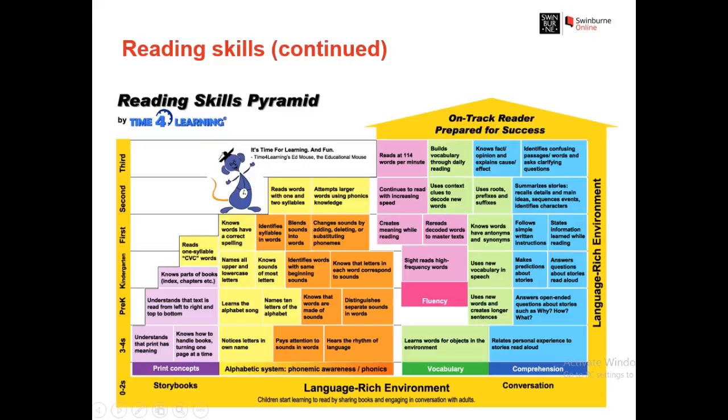Vocabulary comes from reading, essentially, and this is because the language within text is much more complex than the language that we would typically use in conversation. This is why children who are read to as preschoolers are far more prepared to learn when they arrive at school, because as a result of that exposure to books, they've got a much broader vocabulary than those who haven't been read to.